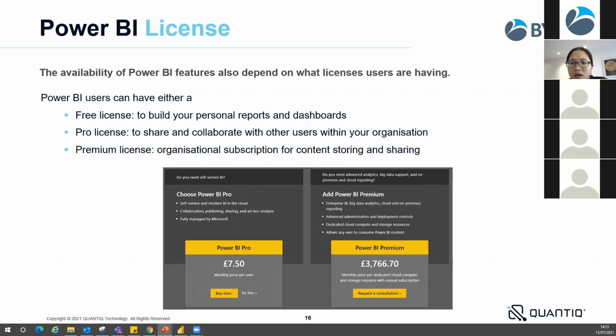And the cost of the per user license, as announced at Ignite in March, is $20 per user per month for a standalone license, but it is only $10 per user per month for users with an existing E5 enterprise license or a Pro license.